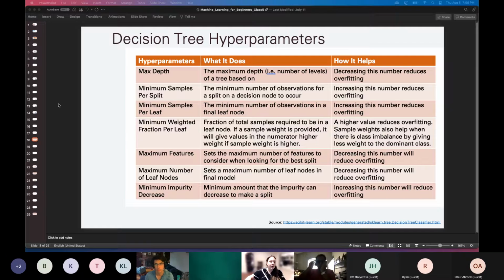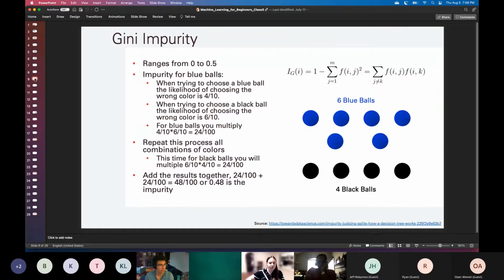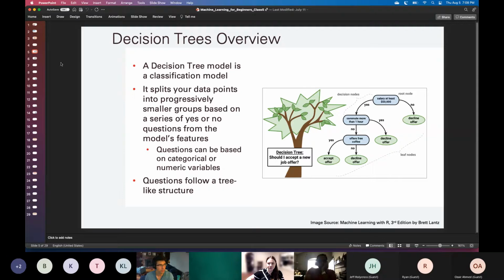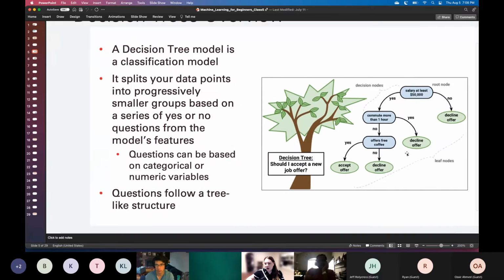So going back and recapping, when I talk about a decision tree, it's something like this. We are trying to predict something, in this case salary. Our first node would be whether salary is at least $50,000, and we're trying to predict, should I accept a new job offer?